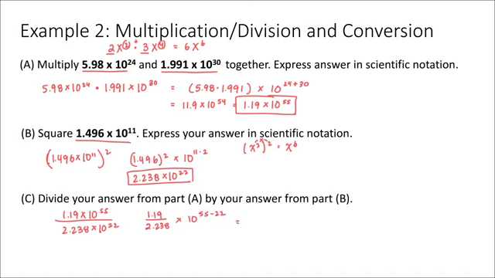That is equal to 0.532 times 10 to the power of 33. Again, that's not in normalized notation, so I'll move the decimal to get it between 1 and 10, making the number 10 times bigger and the exponent 1 smaller. That would be 5.32 times 10 to the power of 32.